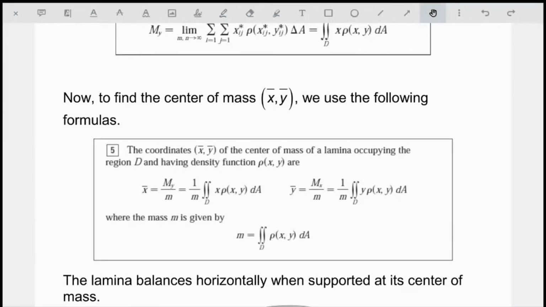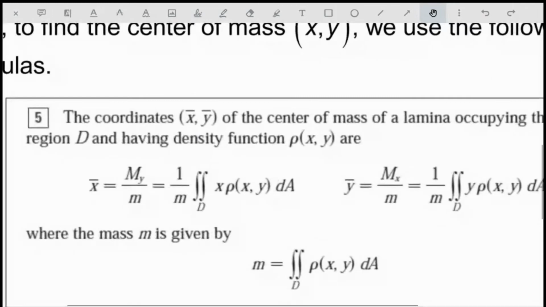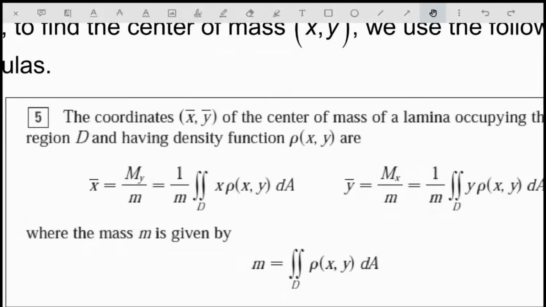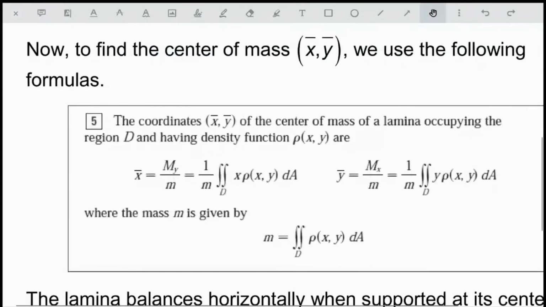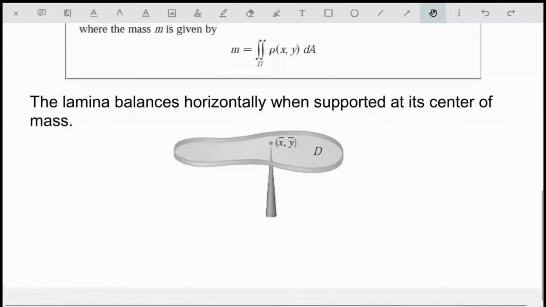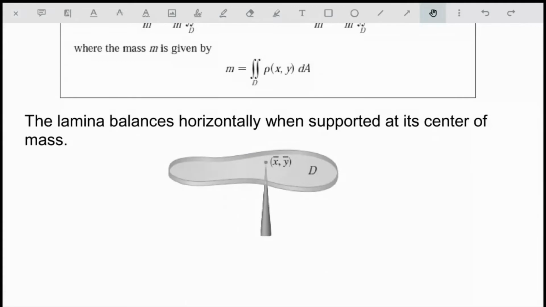So for this first setup, when I'm looking for my x center of mass, I've got my moment, and then I'm dividing by the mass. Very similar to average function value, where we would do an integral and then divide by our area or our volume, whatever it is. Okay, so we are then going to be able to find this point on this lamina.